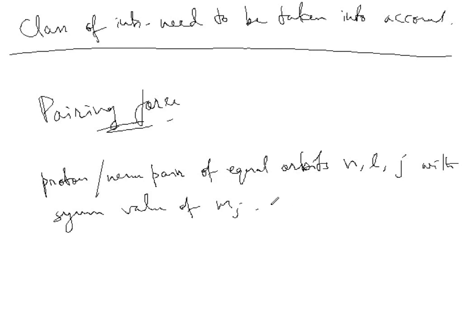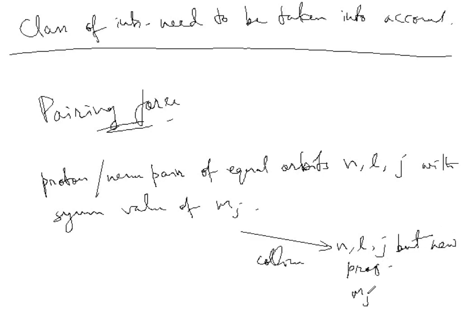Now, a collision of these particles can take the pair to other orbits with the same quantum numbers n, L, J, but with a new projection, say mj prime, comma, minus mj prime.